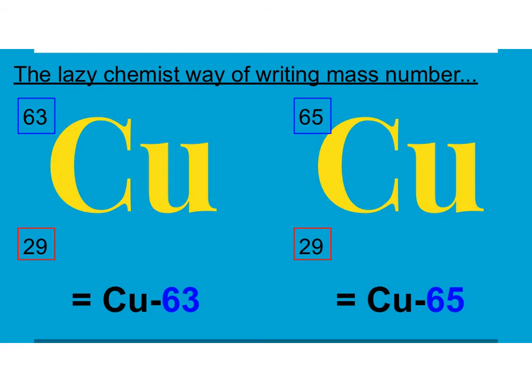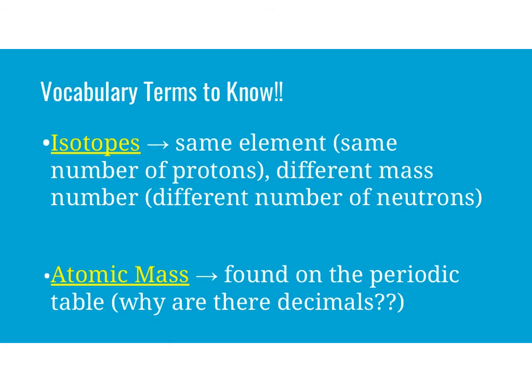For example, we have copper 63 and we also have copper 65. Because we're really lazy, we can just write the symbol, dash, mass. And how we say that is copper 63, copper 65. So that's the lazy chemist way as well.